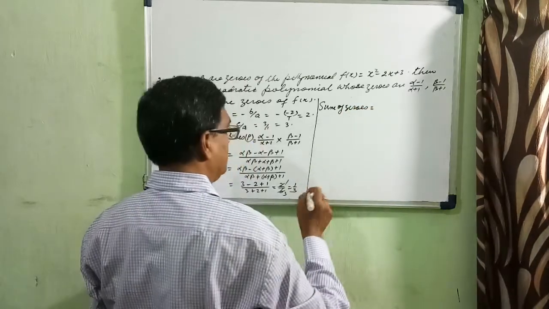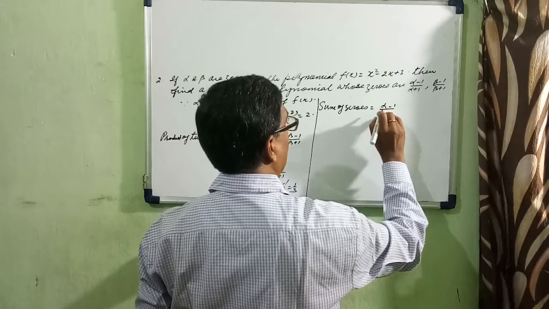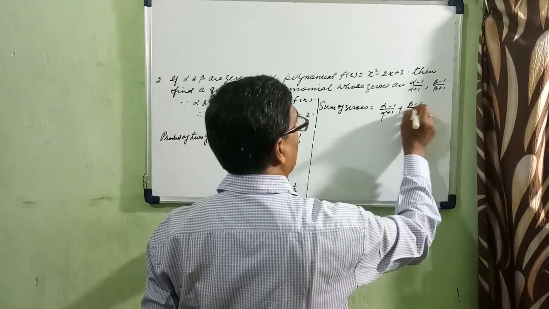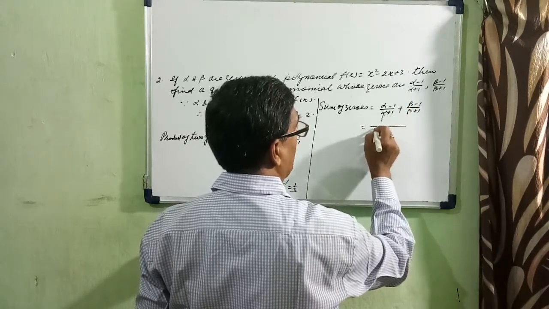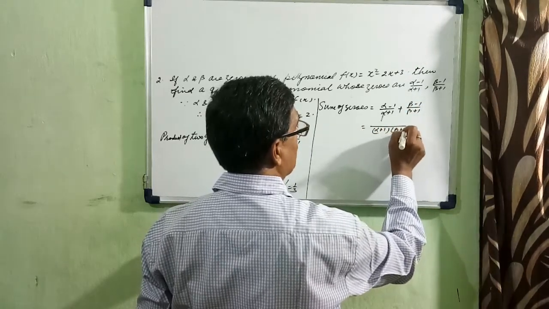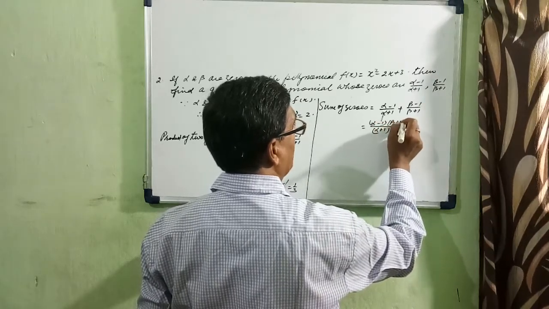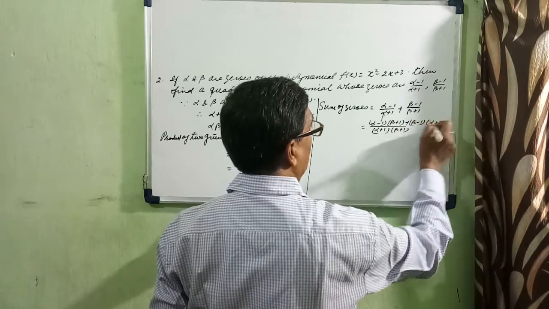Sum of zeros. What is that? Alpha minus 1 by alpha plus 1, beta minus 1 by beta plus 1. So here alpha plus 1 into beta plus 1, alpha minus 1 into beta plus 1 plus beta minus 1 into alpha plus 1.